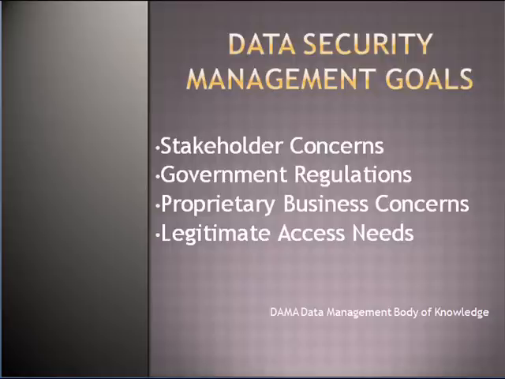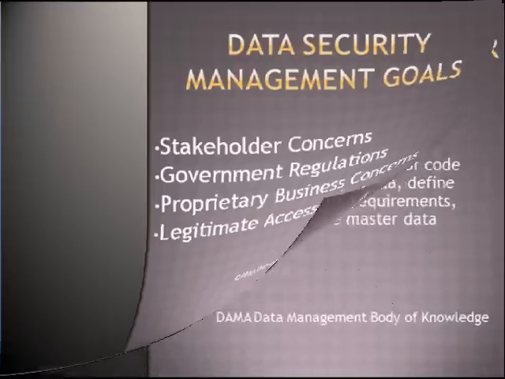Government regulations protect some of the stakeholder security interests, but some regulations restrict access to information, and other regulations ensure openness, transparency, and accountability. Proprietary business concerns. Each organization has its own proprietary data to protect, ensuring competitive advantage by intellectual property and intimate knowledge of customer needs and business partner relationships is an asset. And finally, legitimate access needs. Data security must also understand the legitimate needs for data access.